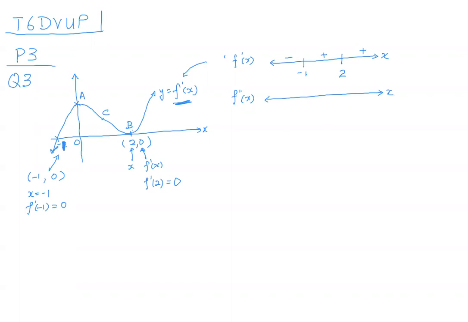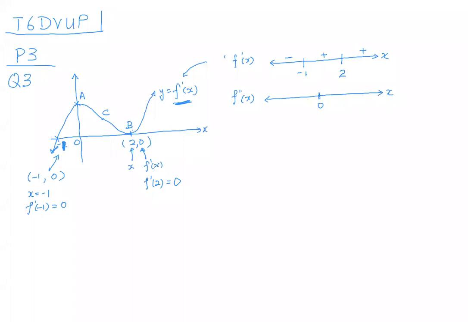Okay, for f double prime x, Siti, may I know what is the value of x that will make f double prime x equal to 0? A and B. Okay, what is the coordinate x for point A? 0. So I have to mark here 0.